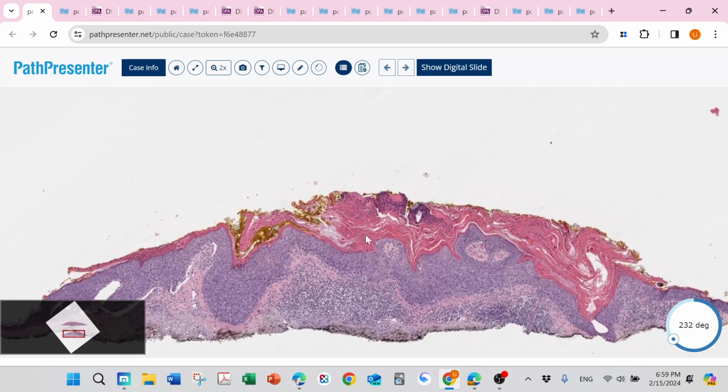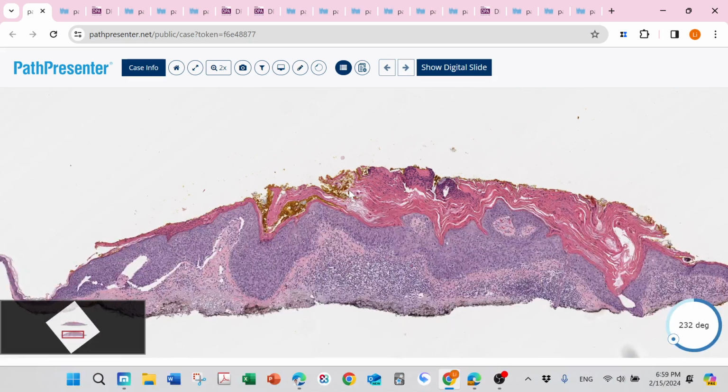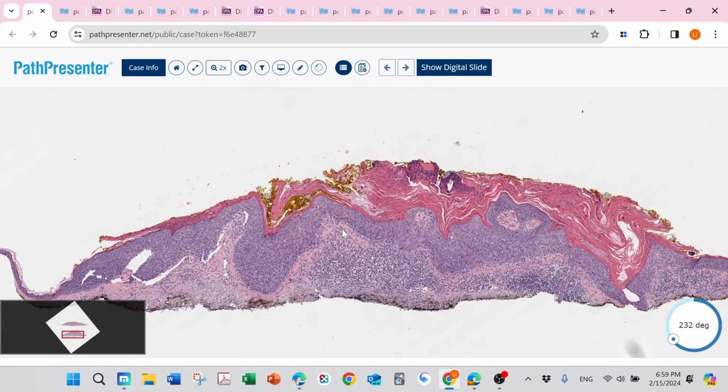In low power, we can see parakeratosis here, tons of hyperkeratosis, and even at this low power, without zooming in, we already see these really atypical cells, really hyperchromatic, really dark, and also big.